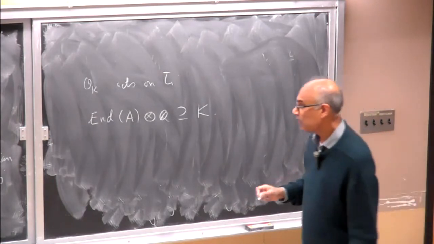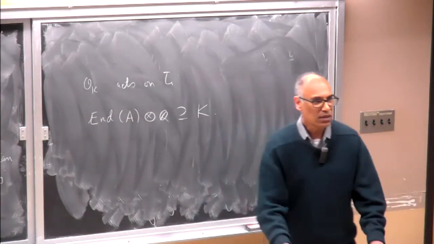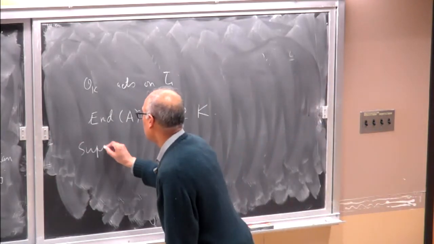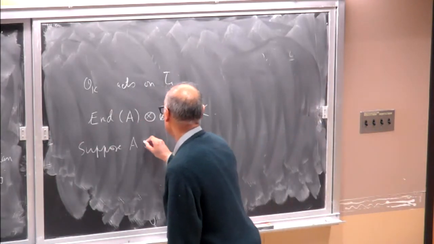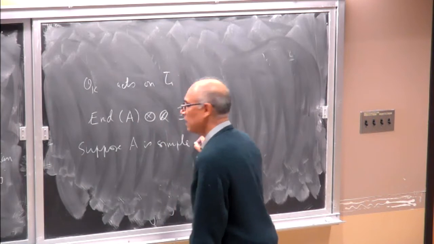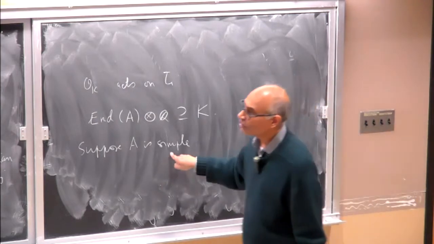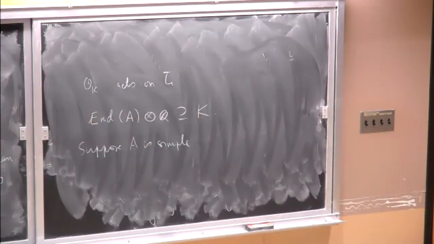Okay. Now let's say we're in sort of the minimal case of this, where by that I mean suppose A is actually simple. That is, somehow it doesn't split up into smaller abelian varieties. That condition can be expressed purely group theoretically in terms of phi.